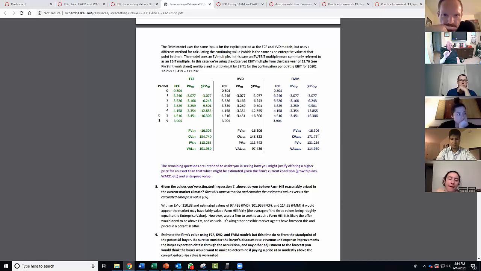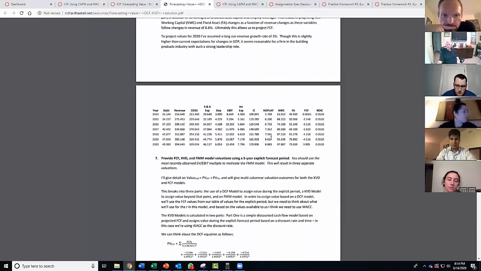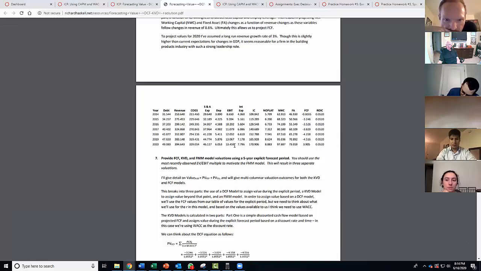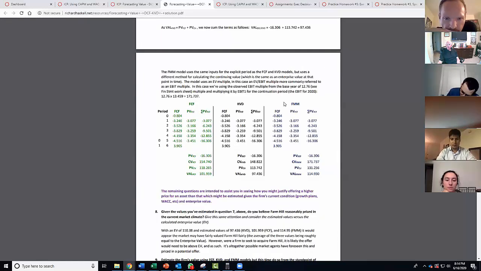It's some credibility for our company. And so I'm going to apply EBIT from year one in the continuation year. And here's my EBIT in my forecast. So year one is 2020 in this case. 13.459 times 12.76 equaled 171. So in this next one, you will use the observed multiple from the base year as your multiple.